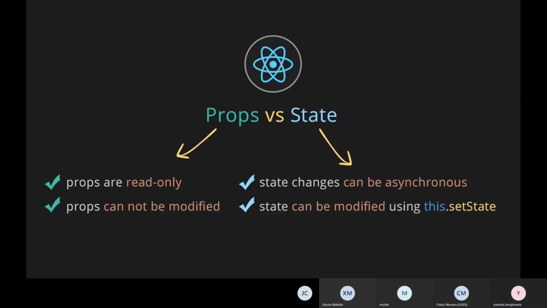So different properties and states, so both are used to store data, store information, but properties are read-only. So if you propagate information from a parent to a child, inside the child it's read-only. You can only read the information, you cannot change it, so they cannot be modified. Inside the component, the state can be modified by using this.setState, and changes can be asynchronous.